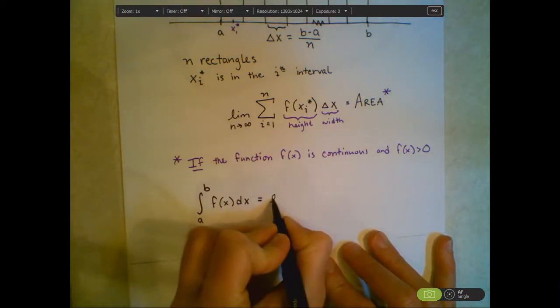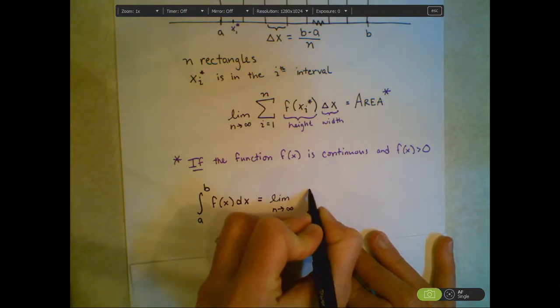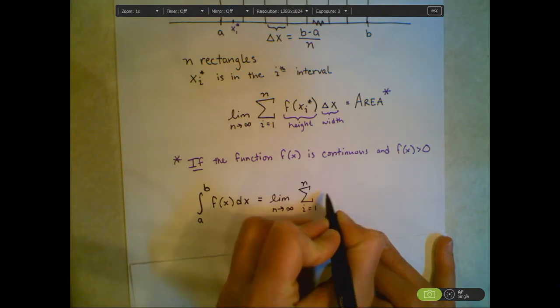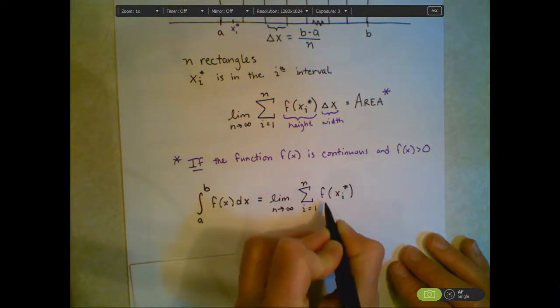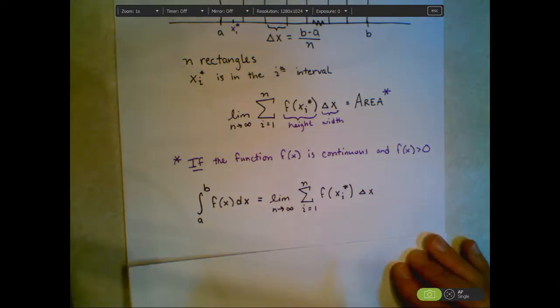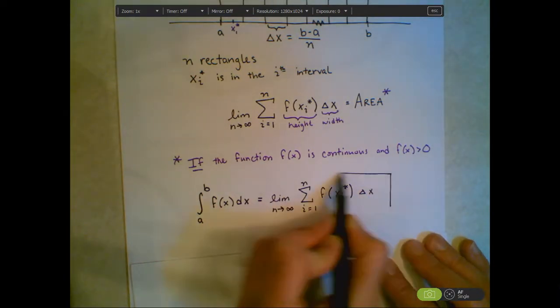This is something that we call a Riemann integral. It's the limit as n approaches infinity of the sum from i equals 1 to n of f of x i star. Again, these are the heights, delta x is the width, and that's my definition of a definite integral. I'll go ahead and put a box around it.